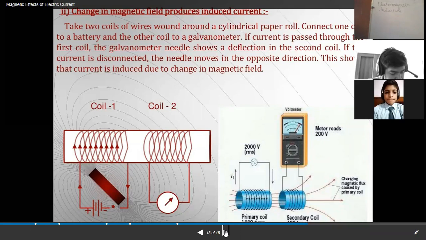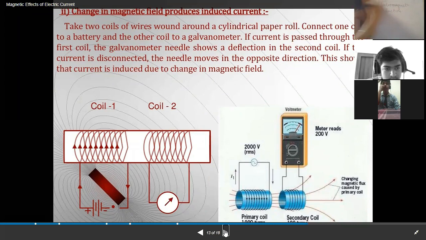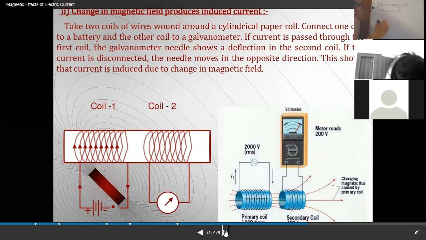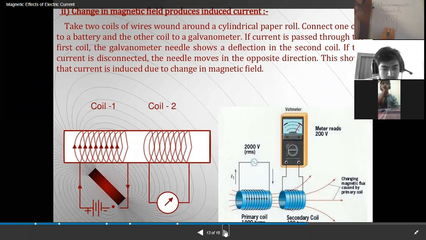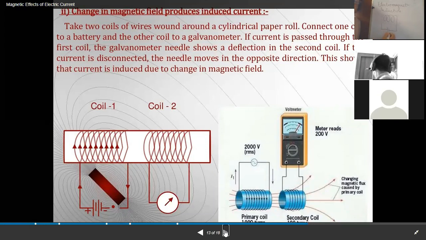Suppose I have two coils wound over a long piece of cardboard. One is coil 1 and one is coil 2. This coil 1 I have connected to the battery, positive, negative.